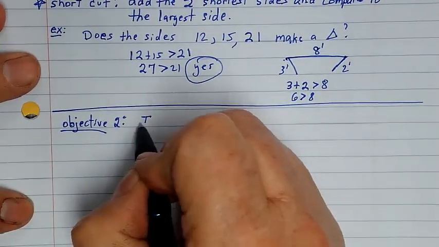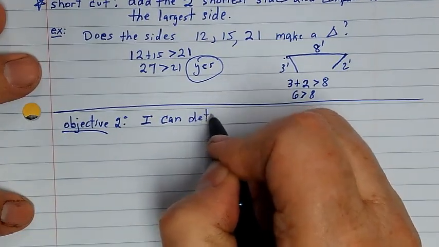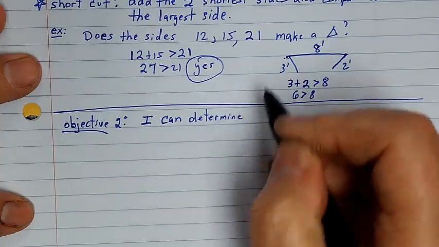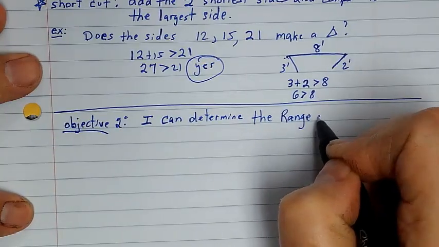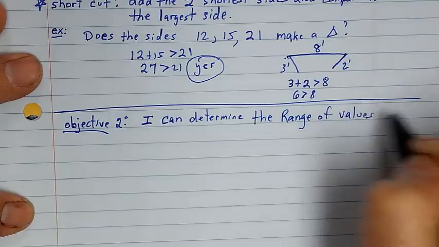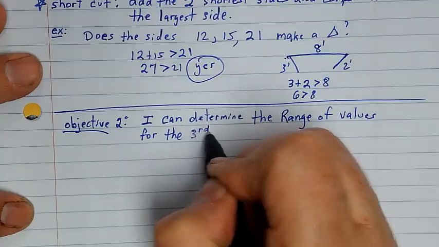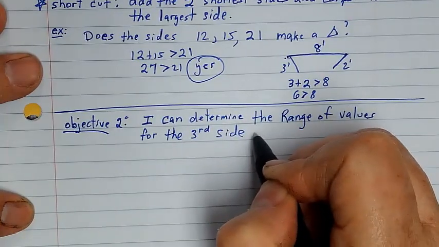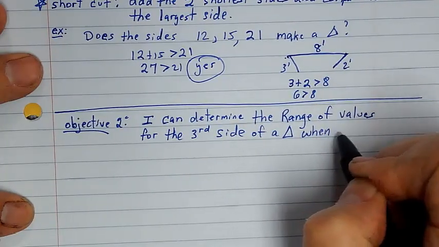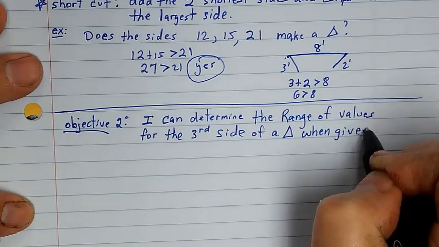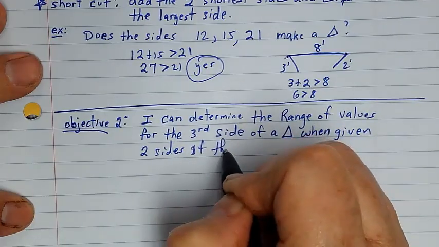I can determine the range of values for the third side of a triangle when given two sides of the triangle.